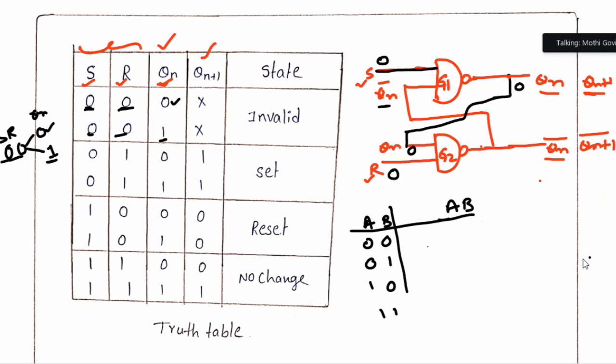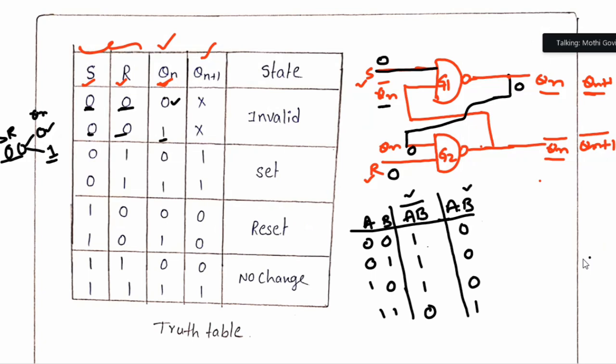In an AND gate, if all the inputs are high, the output is high. Now I am going to take the NAND gate. The NAND gate is opposite to the AND gate: 1 1 1 0. NAND gate is opposite to the AND gate.